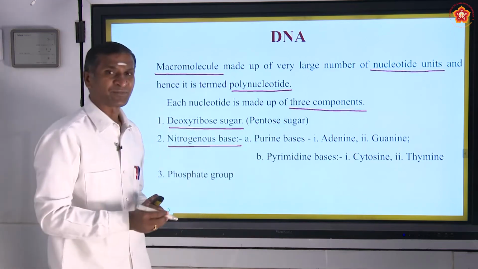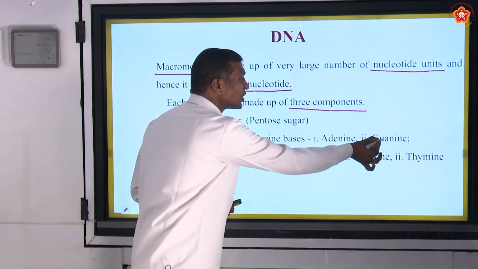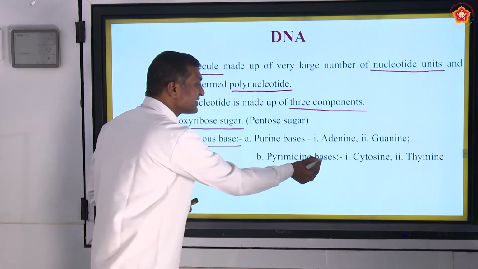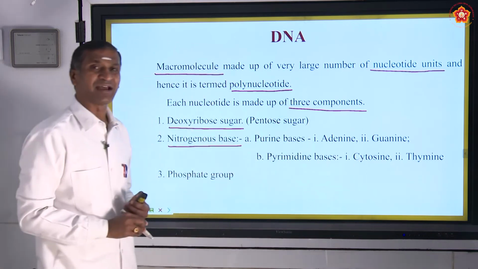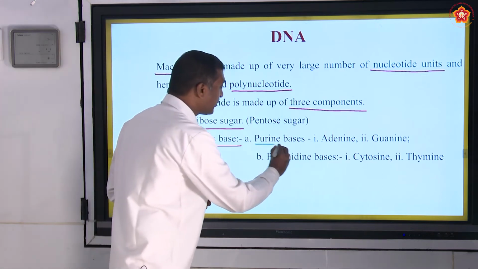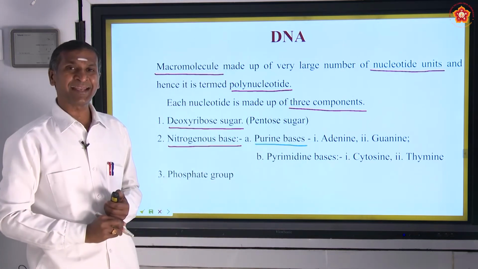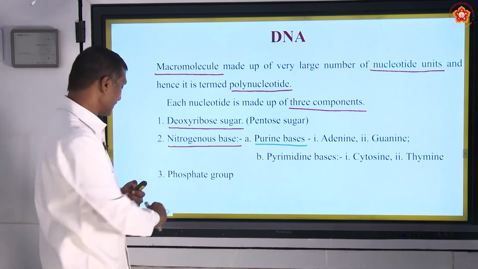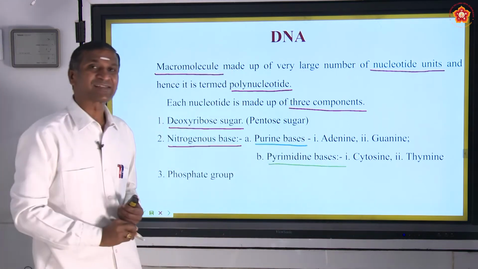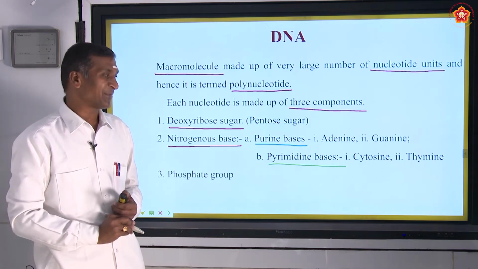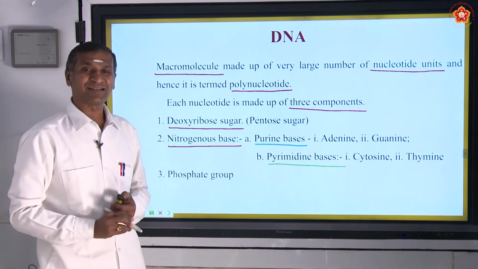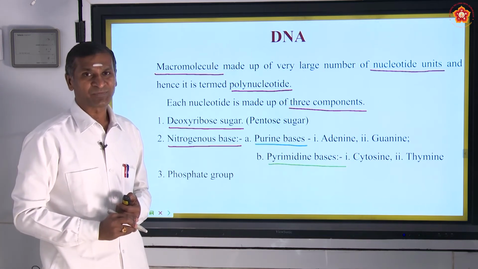Purine bases such as adenine, guanine. Pyrimidine bases, cytosine, thymine. And the third component is the phosphate group.